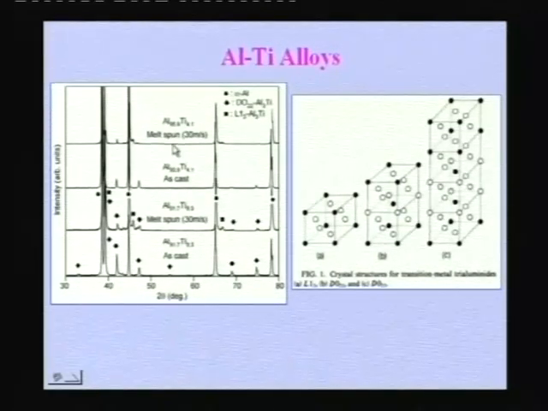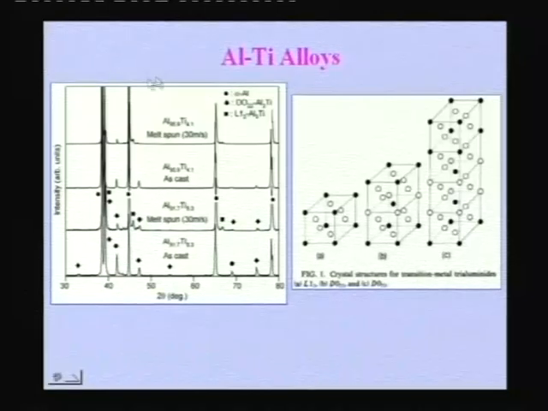If you cool this alloy rapidly, you start getting a peak here, which is the L12 peak. L12 is an FCC type of peak, so you will always have the ordered FCC L12 peak next to the FCC aluminum peaks, because it is also FCC and will have similar peaks.